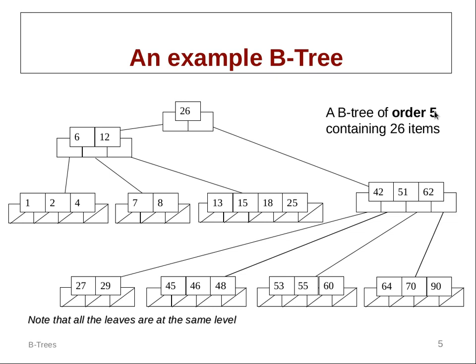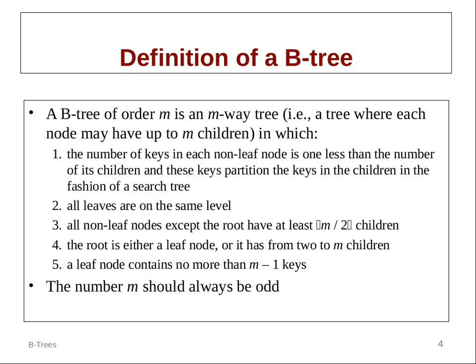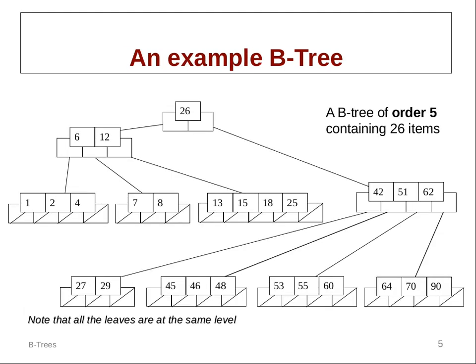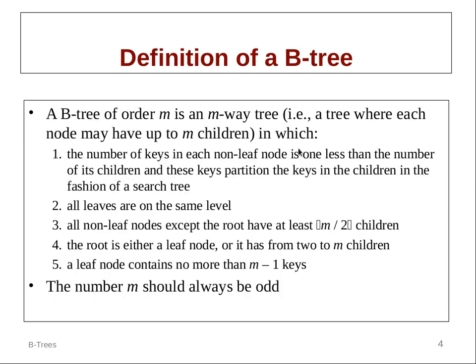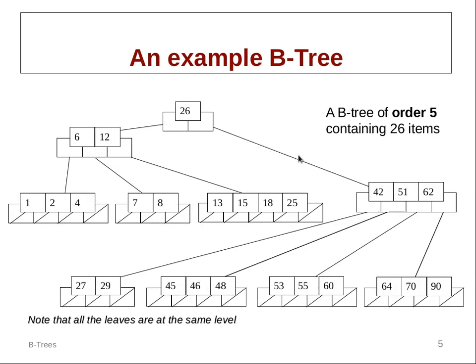So everything but the root has to have at least 2 children, which is also the case here. It's either a root or has 2 or more children. Obviously it has at least 2 right here. And then a leaf can contain no more than m minus 1, so no more than 4. So right here is 4, that's our largest. All right, so this is a B tree.